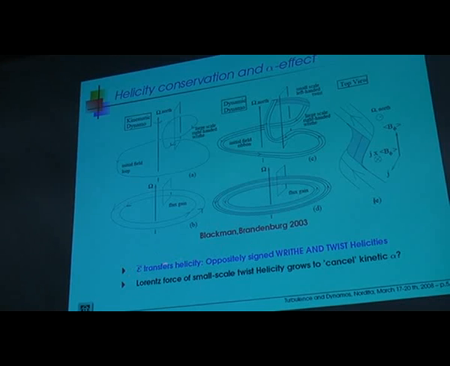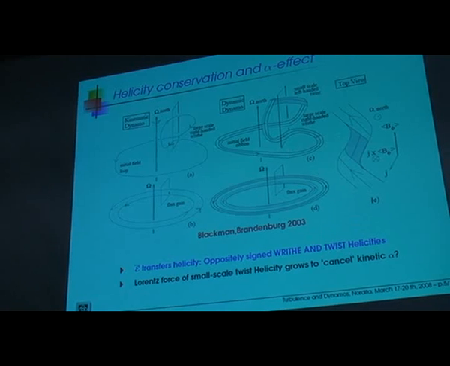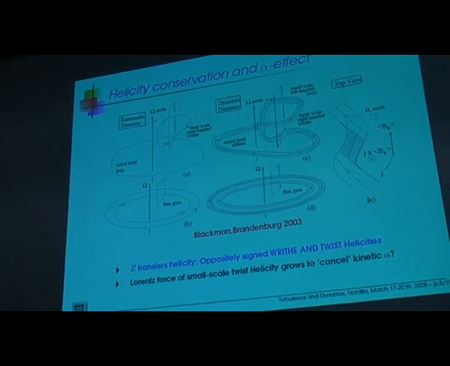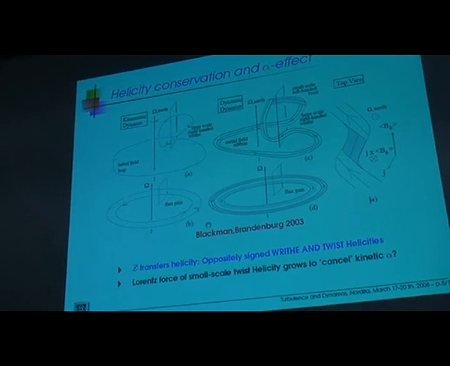The turbulent EMF transfers helicity. It puts oppositely signed helicity in the large scale writhe of this mean field and the twist of the small scale structures inside there. And you can do this mathematically. The only thing which I want to just point out is that as you grow the field, these twists, which are on a smaller scale, for a given helicity, will exert a larger force and they will want to untwist.